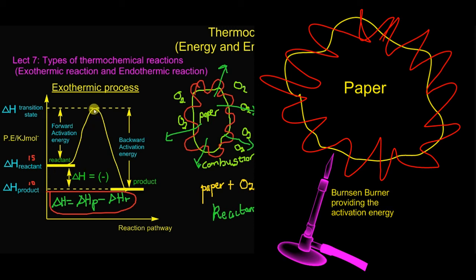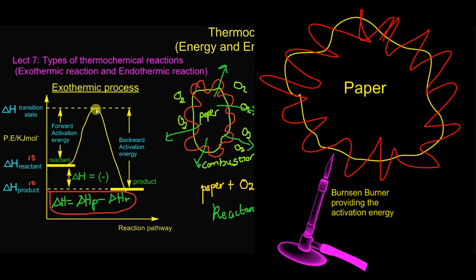This is because the reactant has gained some amount of energy, and bonds are just about to break in order to form the product. There is a particular point in every reaction where the reactant absorbs some energy and becomes highly unstable. That unstable state of the reactant is what we call the transition state.